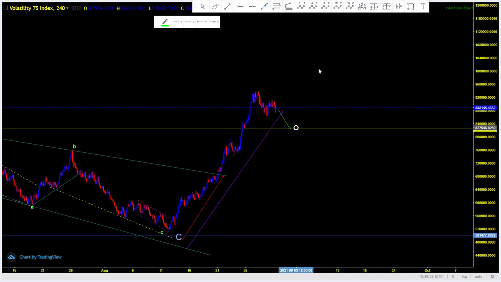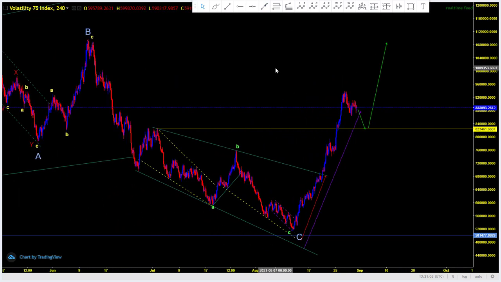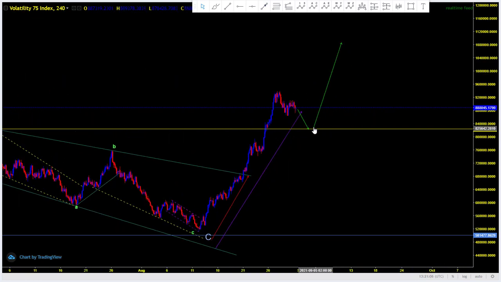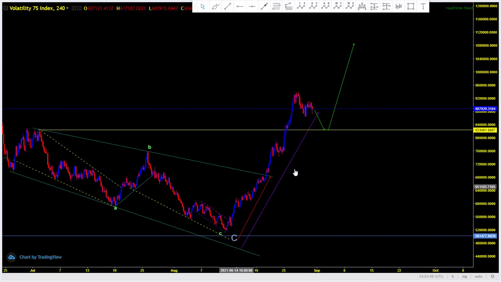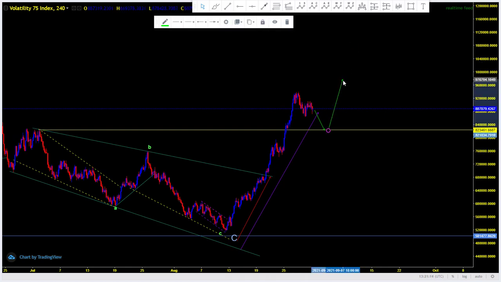Then we join the buy from there. Here we were not given much of a correction, and it has been buying all along.